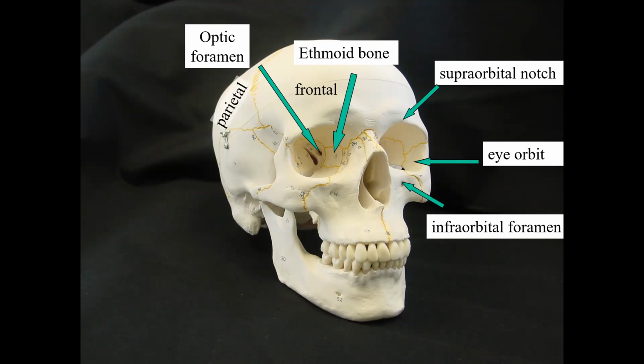Directly behind the frontal bone, on both sides of the skull, are the parietal bones. The parietal bones are paired. The frontal bone extends back about halfway to the midline of the skull, and the parietal bones form at the midline, paired, and run back about halfway towards the base of the skull.